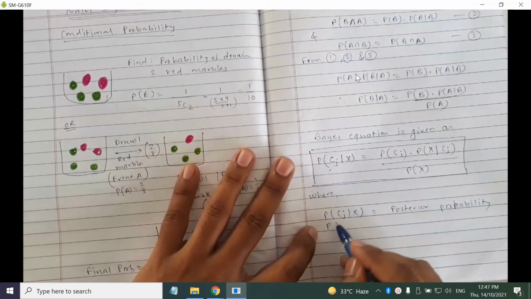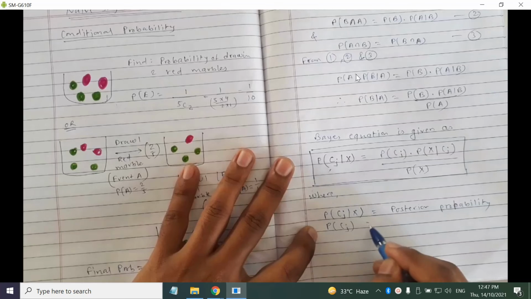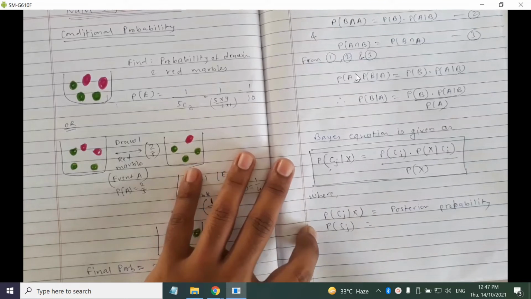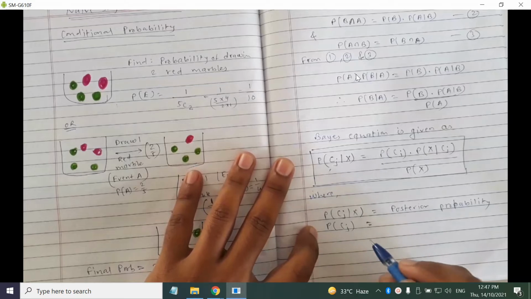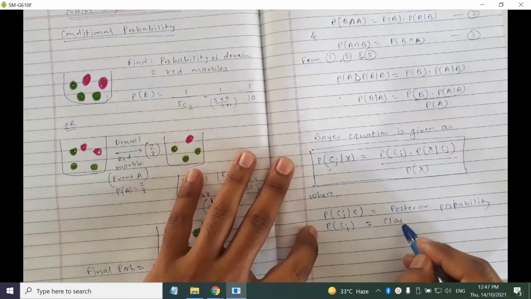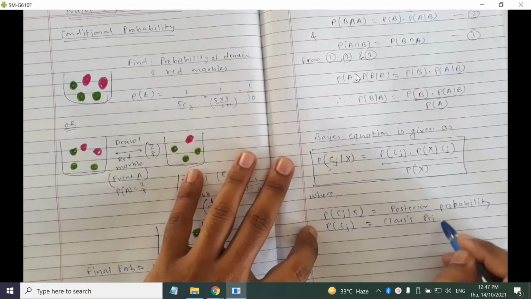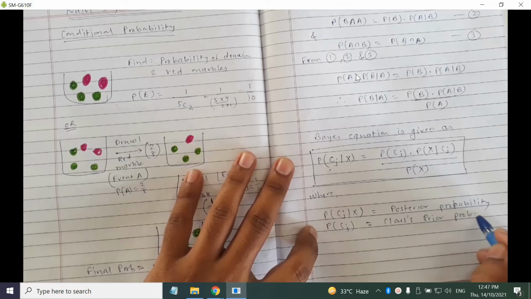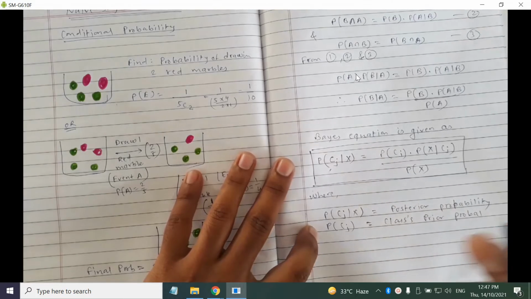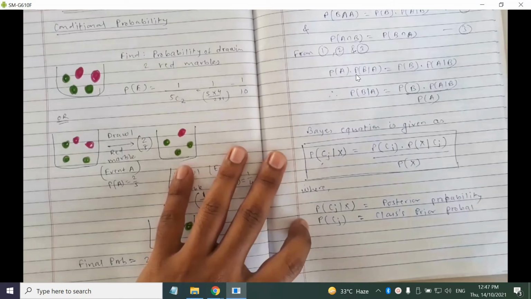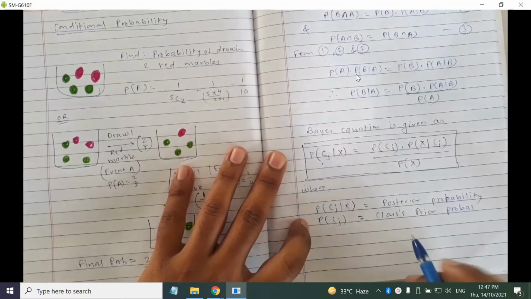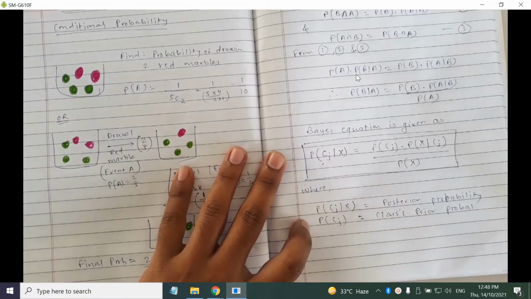This probability of Cj, so Cj is our class, this is our class prior probability. This is a classification task, right? So we'll be having the labeled training data. So from that training data we can determine the probability of the given class.